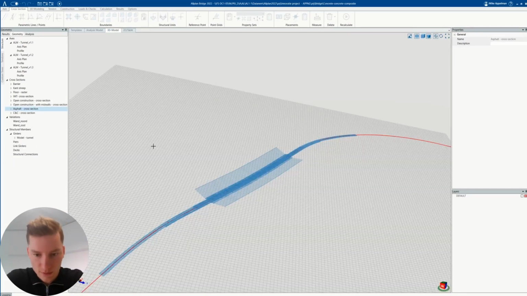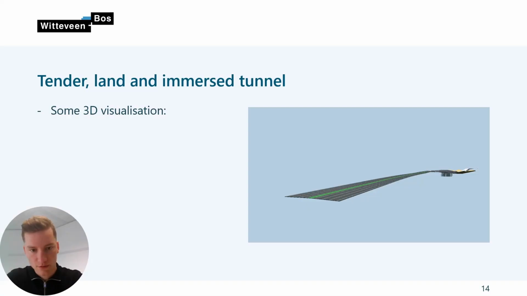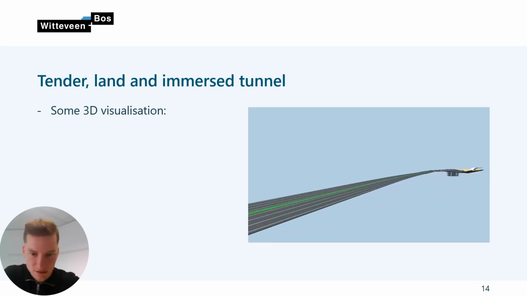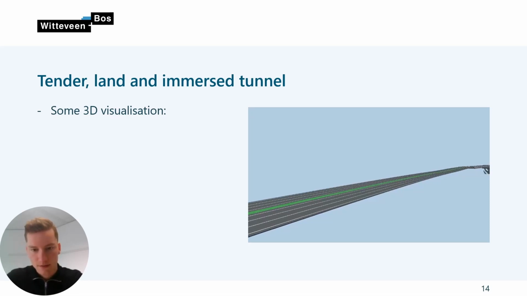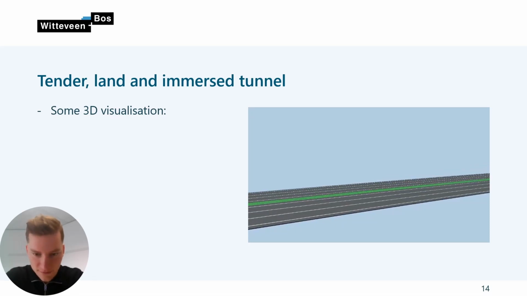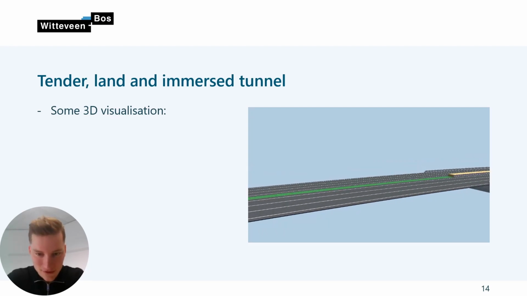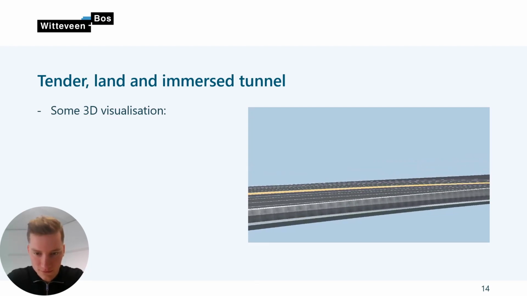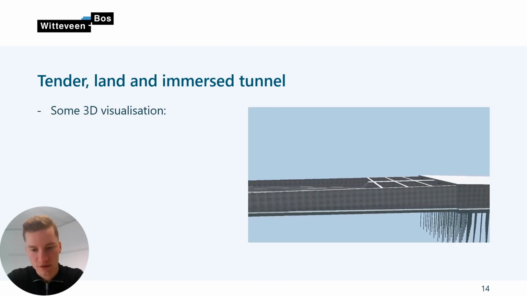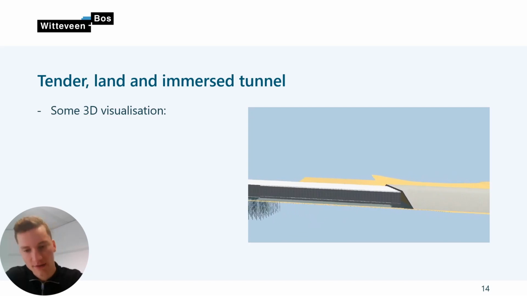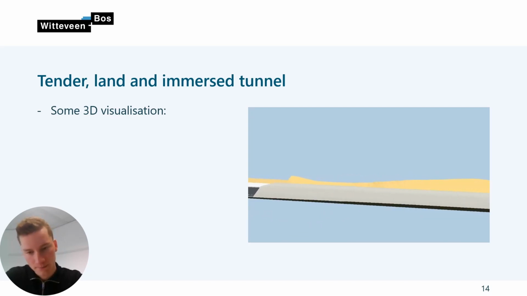As we go over to the visualizations of the project, we go with the construction. First we had only asphalt. Then we go to the U-type construction, the U-type construction with the mid walls, the cut and cover section, and the immersed tunnel section with a trench, and the trench is sliced off with the parametric.